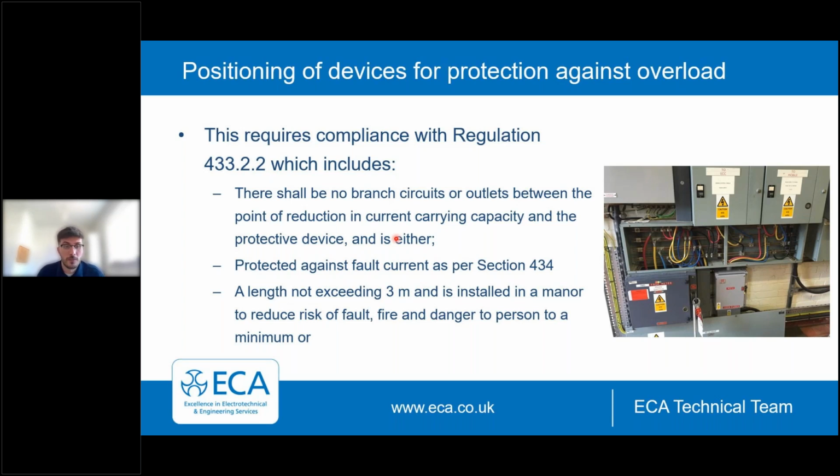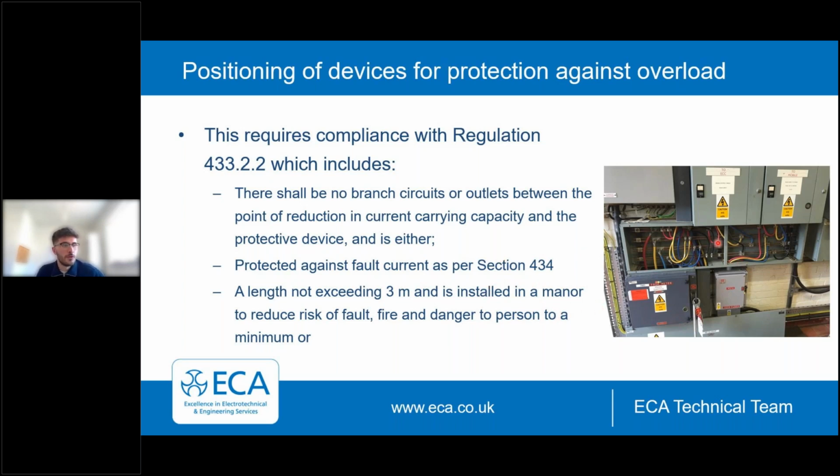And it is required to be either protected against fault currents as per section 434, or length not exceeding 3 meters, and is installed in a manner to reduce the risk of fault, fire, and danger to a person to a minimum. Just to point out, it could be both if you wish, but it's got to be at least one of these conditions.